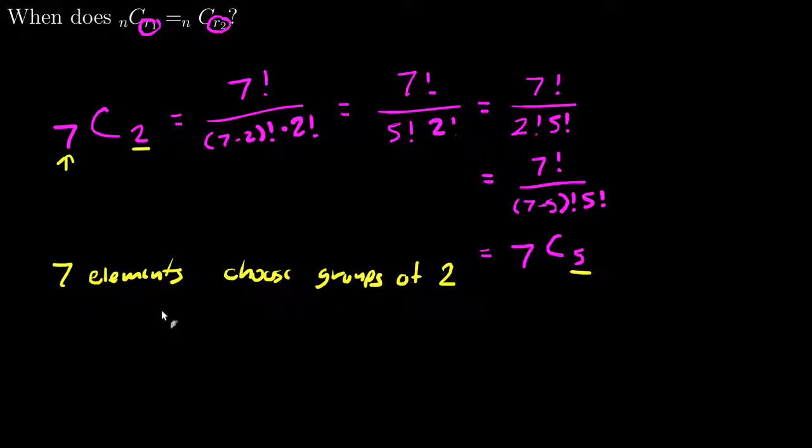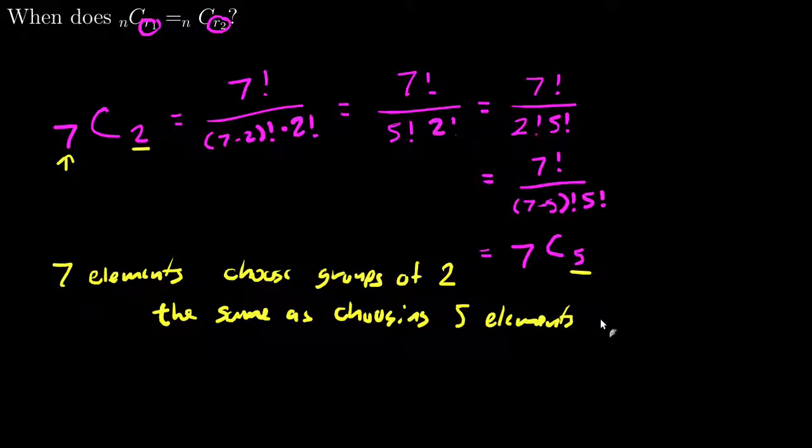So this is actually the same as choosing 5 elements to be out of our group.